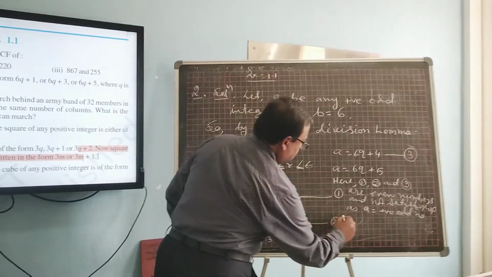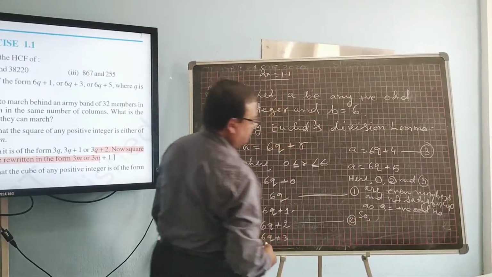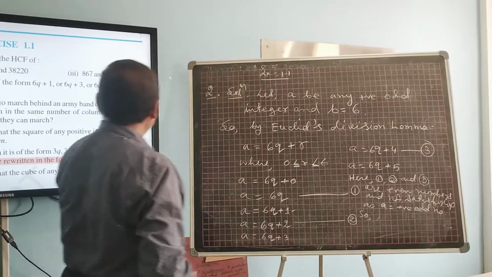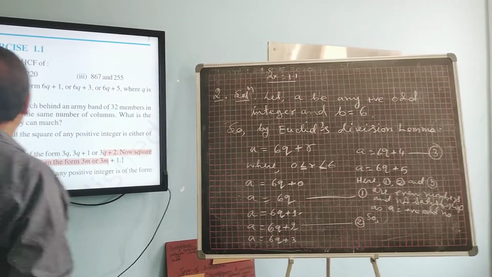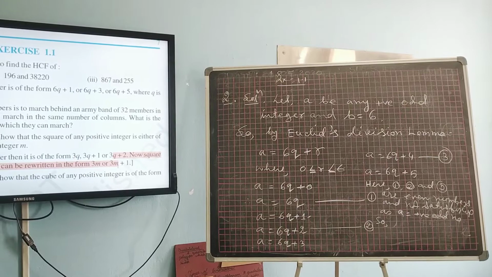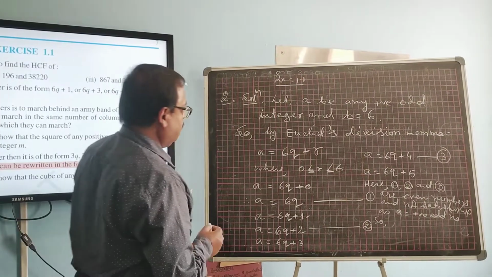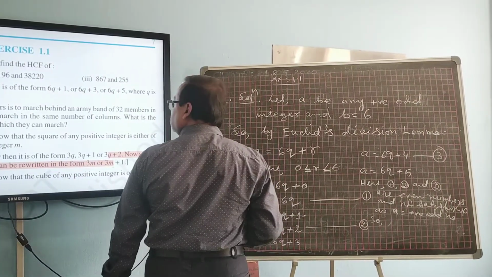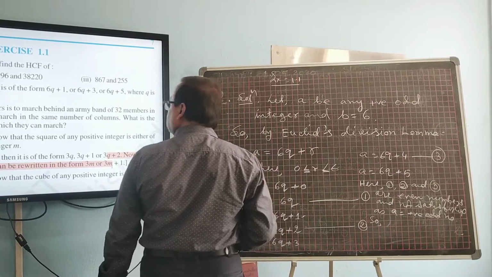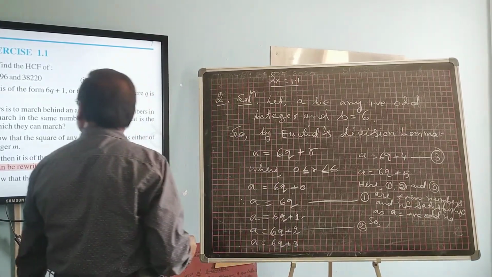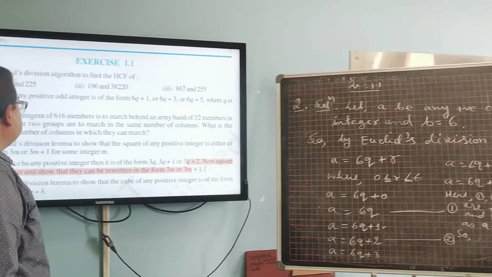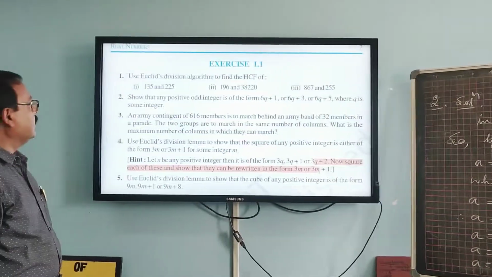So 6q plus 1, 6q plus 3 or 6q plus 5 are positive odd integers.